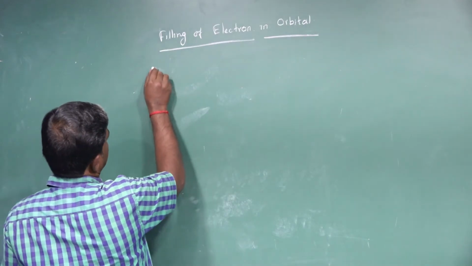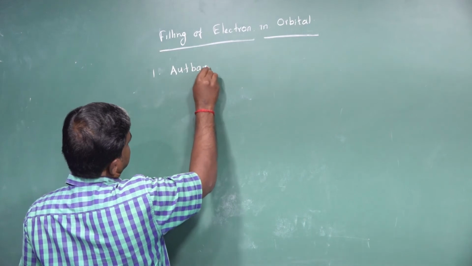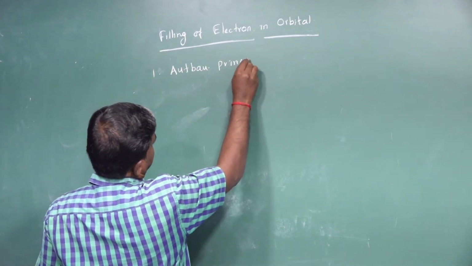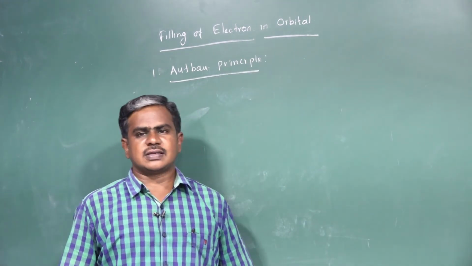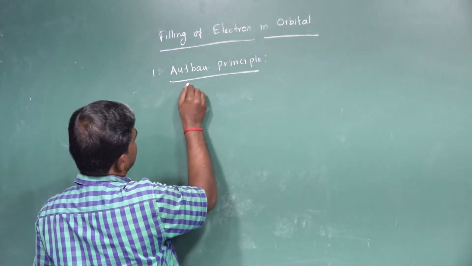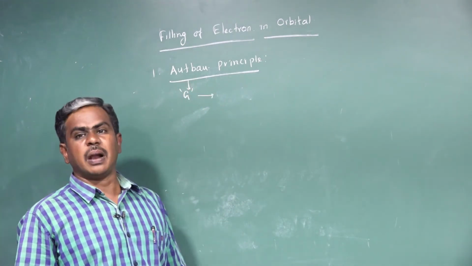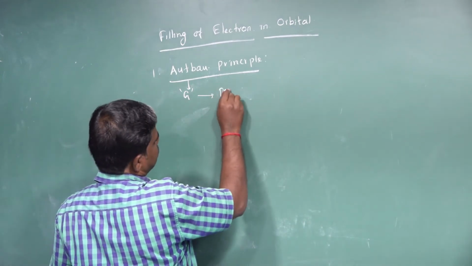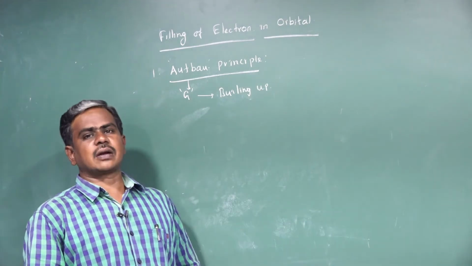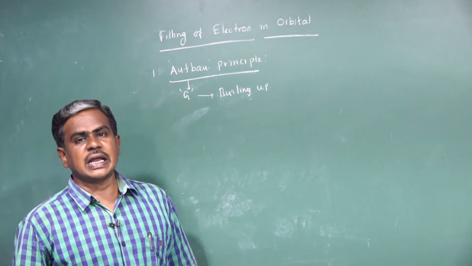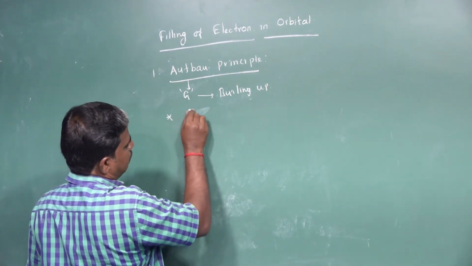The first one is the Aufbau principle. What is that Aufbau principle? Aufbau is a German word, which means building up. Electrons are arranged in increasing order of energy level; that is nothing but the Aufbau principle.